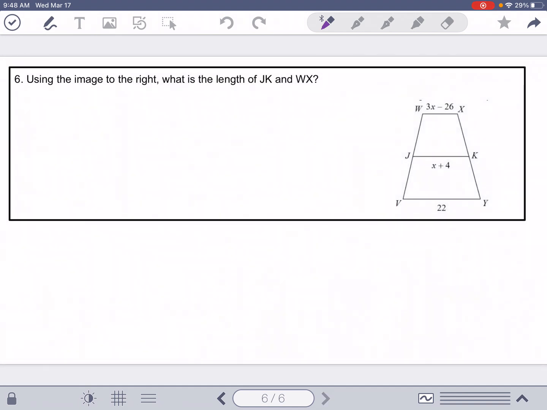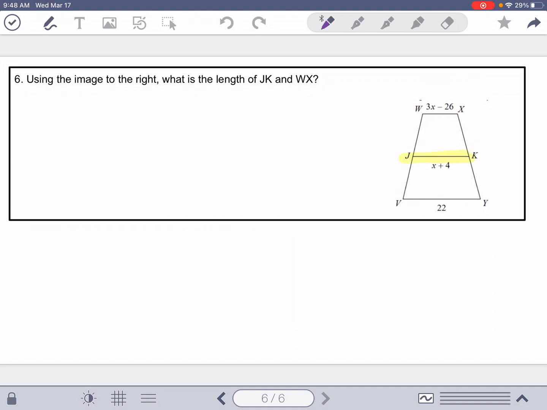And the last thing is using the image to the right. What is the length of JK and WX? All right, well, it looks like I've got an isosceles trapezoid.